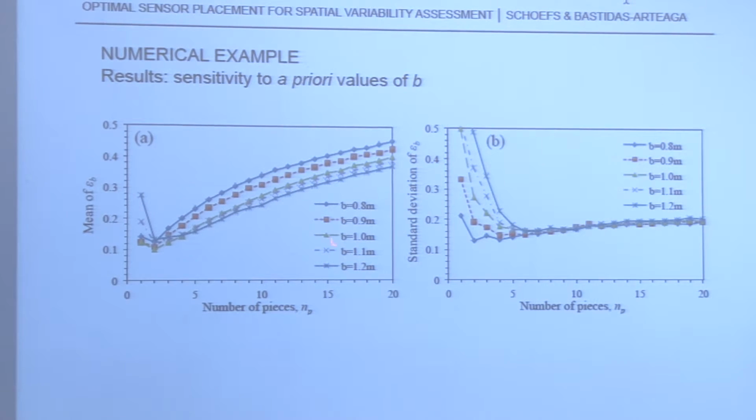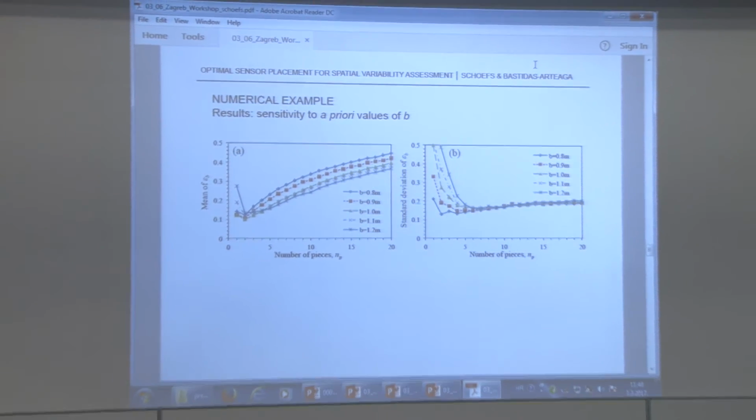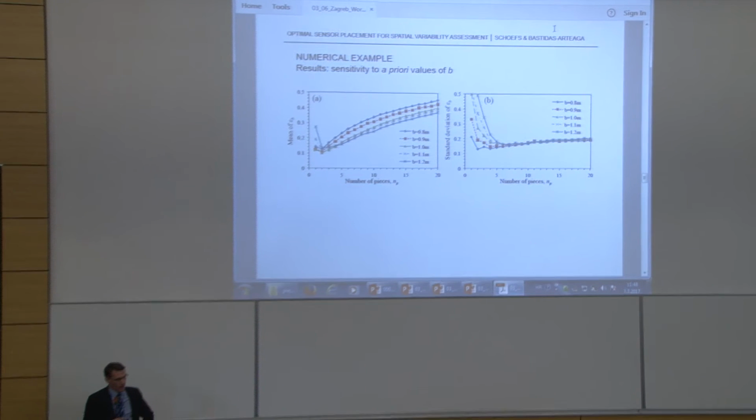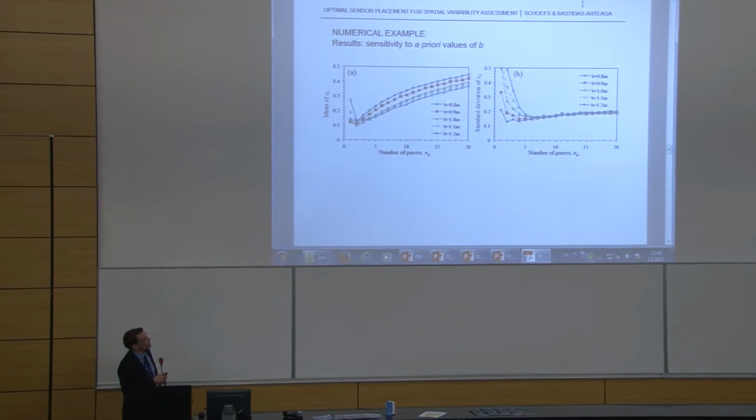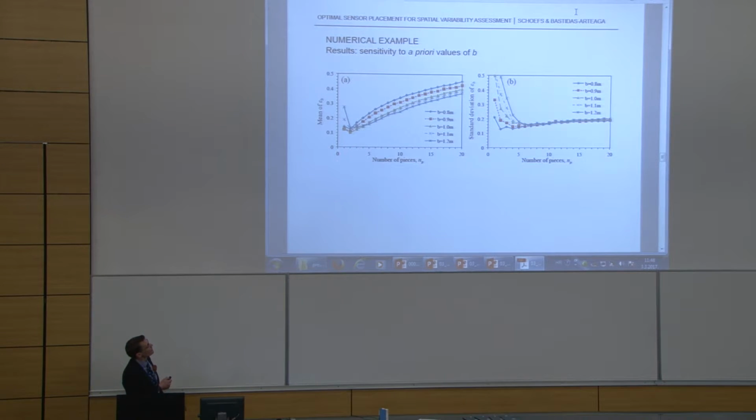For instance, here the real value was 1, and we will test several other values between 0.8 and 1.2. You can see that even if we start from this assumption for the placement of the sensors, we obtain the same optimization. That means that a two pieces discretization will be sufficient.